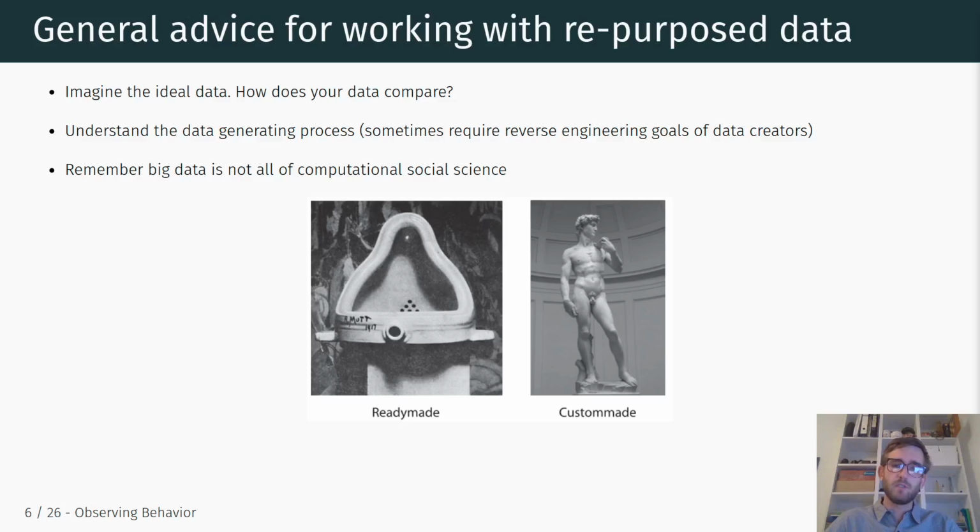And we talked about how, for example, administrative records or cell phone records or other types of big data sources are these repurposed ready-mades, but we can supplement them potentially with surveys or other custom-made data sources, okay?